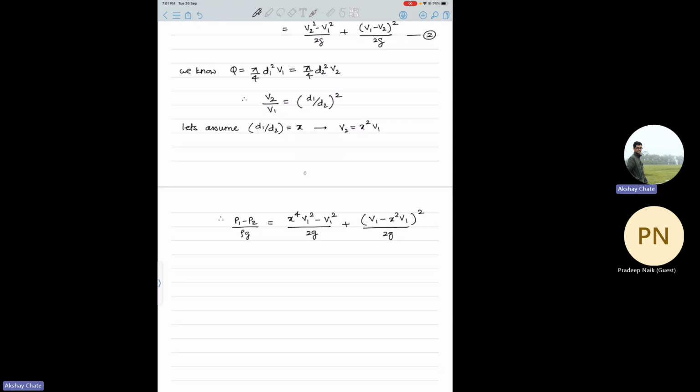Now we can take V1 square by 2g common. So here it will be x power 4 minus 1 remaining from the first term, and from here you will have 1 minus x square whole square. And this is your P1 minus P2 by rho g. Okay. So I can simplify these terms, right? The first term is x square minus 1, x square plus 1.